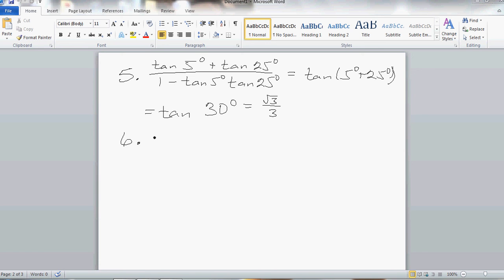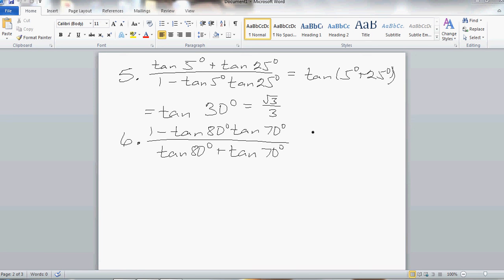Number 6 is very similar. 1 minus the tangent of 80 degrees, tangent of 70 degrees, over the tangent of 80 degrees plus the tangent of 70 degrees. Now this looks very similar to the sum identity of tangent. The only problem is it's the exact reciprocal of what we want.